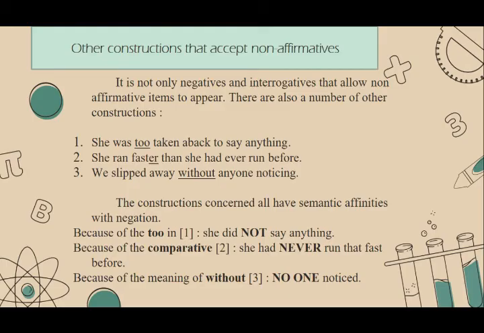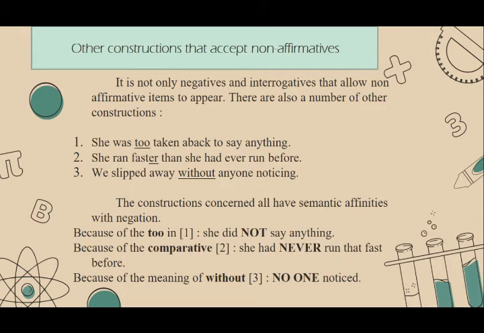Other constructions that have non-affirmatives: it is not only negatives and interrogatives that allow non-affirmative items to appear. There are also a number of other constructions. For example, she was too taken aback to say anything.